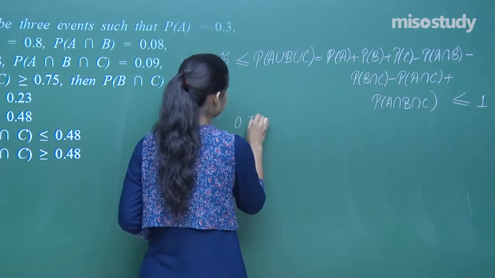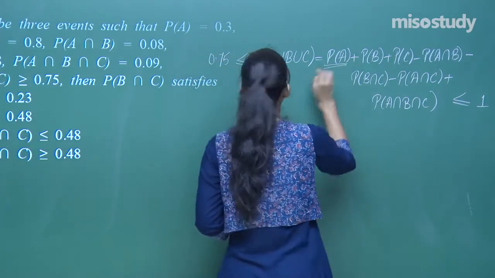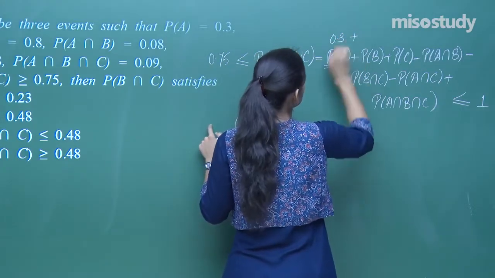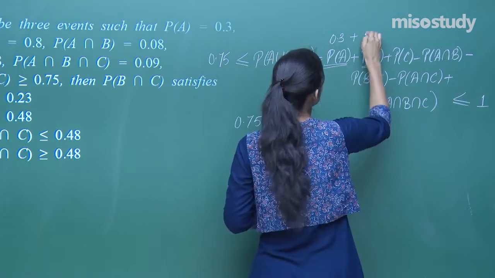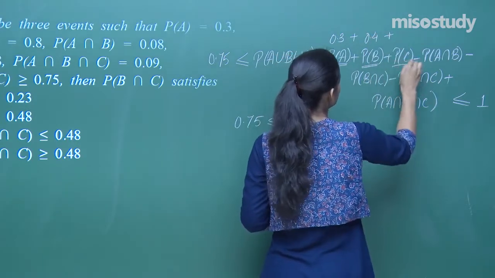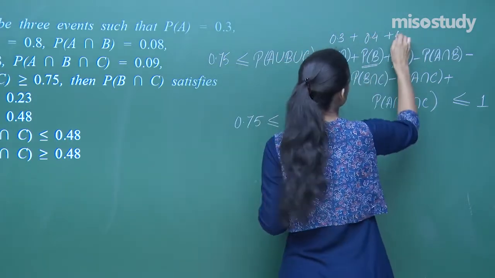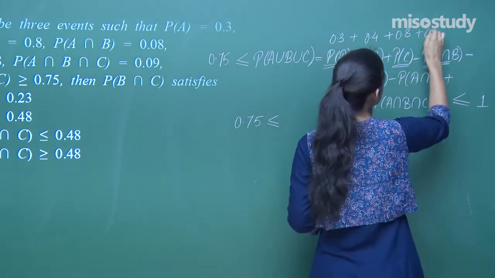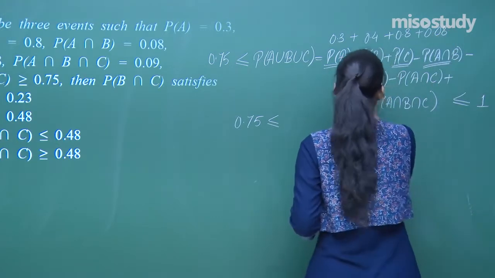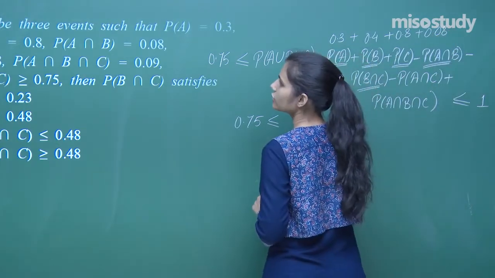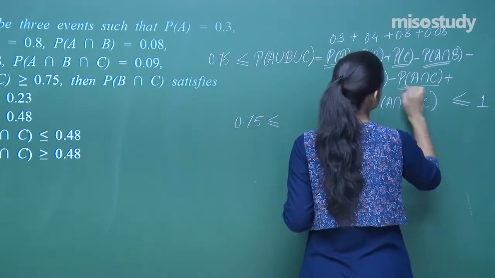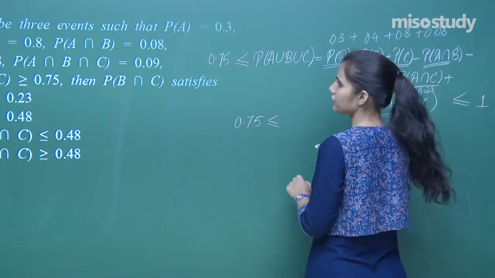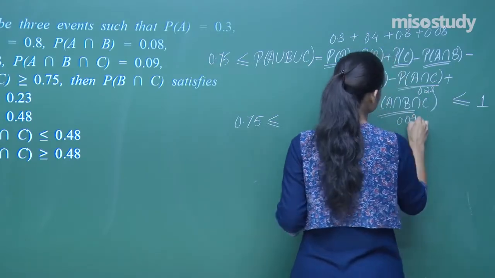Now, probability of A is given to you as 0.3 plus probability of B is given to you as 0.4 plus probability of C given to you is 0.8, probability of A intersection B is 0.08, probability of B intersection C is not given to you, probability of A intersection C is given to you as 0.28 and probability of A intersection B intersection C is 0.09.